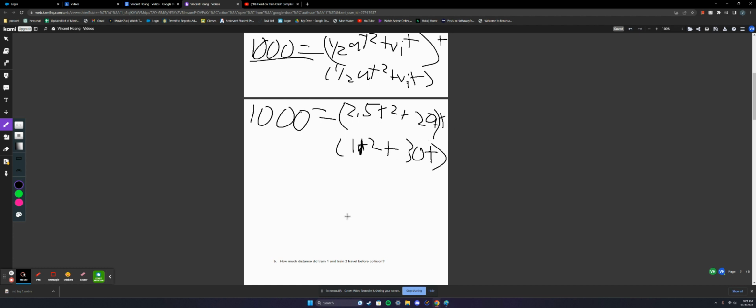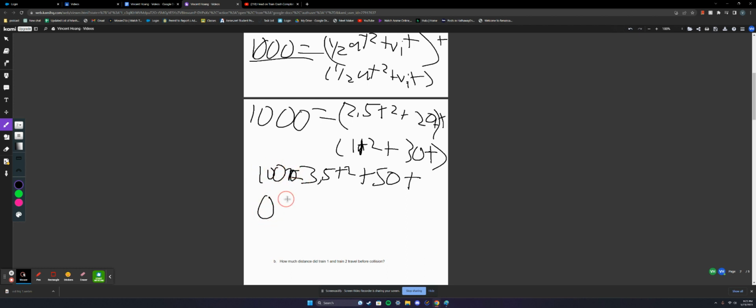Now we can combine this. 2.5 plus 1 is 3.5 t squared, plus 20t and 30t, which is 50t. They should all equal 1,000.